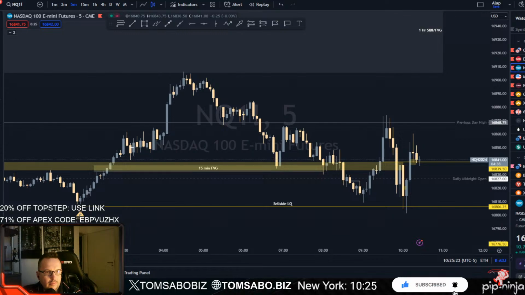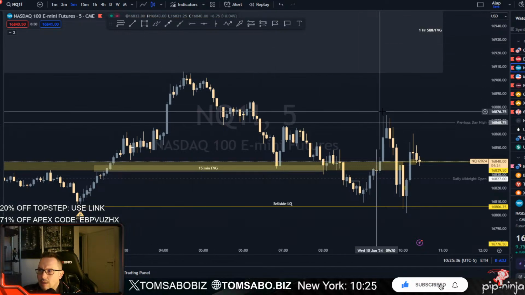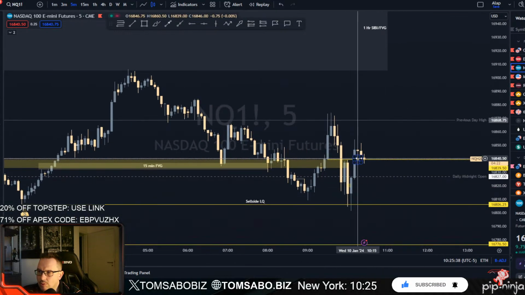And yeah, on the 5 minute it almost looks like a bullish breaker. Took some liquidity. It would be nice for it to go higher. I mean, sorry, bullish breaker here.